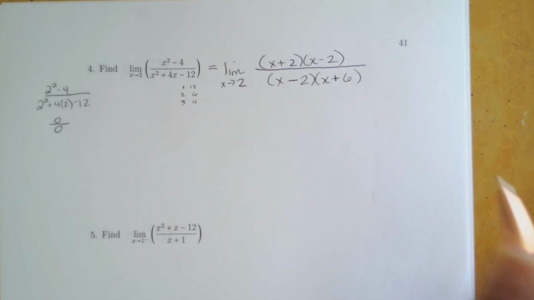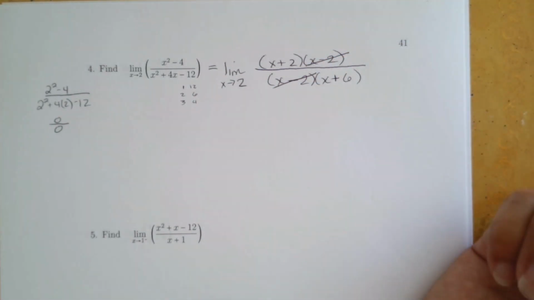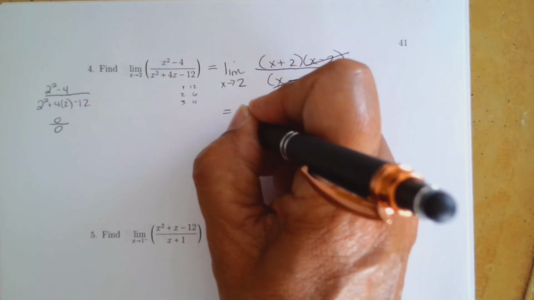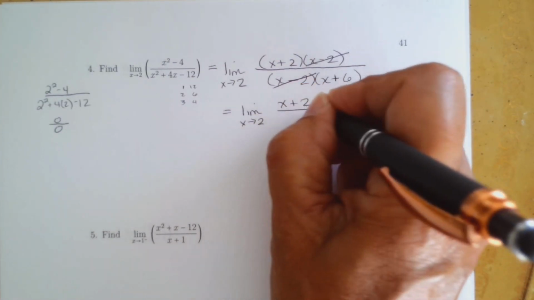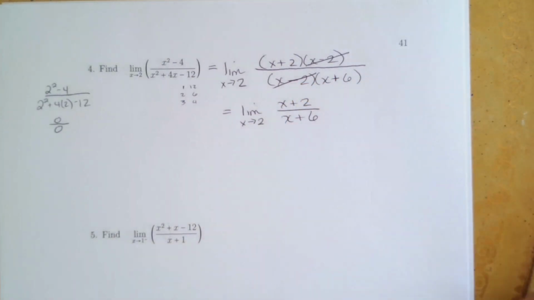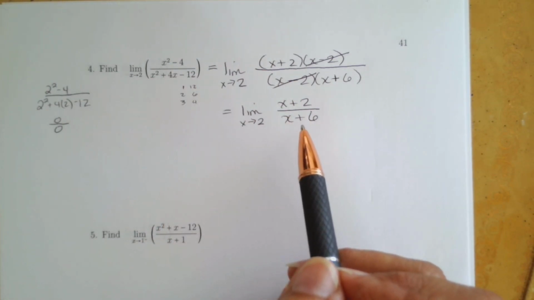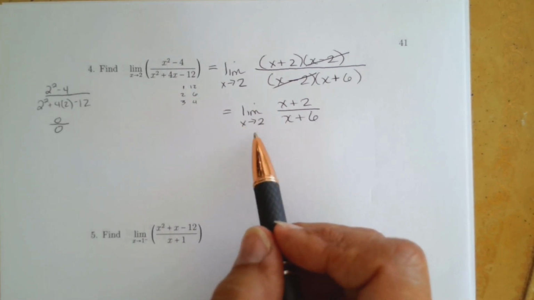All right, so now that we factored, do we have anything in common? Yes, we do. You have the x minus 2's that will cancel. So now we're going to simplify this. The limit as x approaches 2 of x plus 2 over x plus 6. So we simplified this down to this by factoring. And now we're going to plug in the 2 again and see what we get.